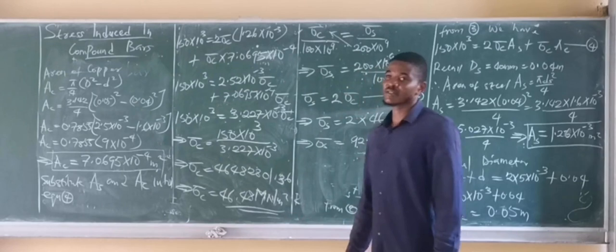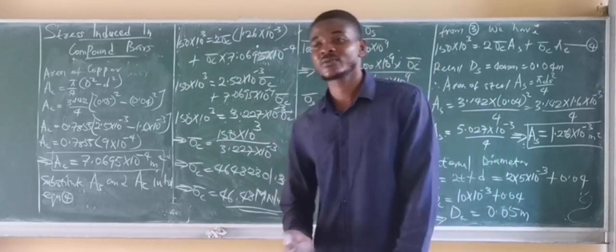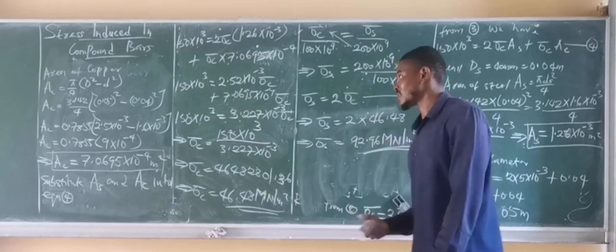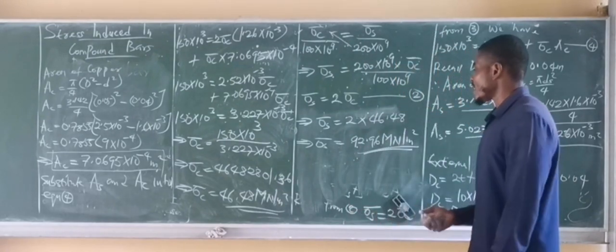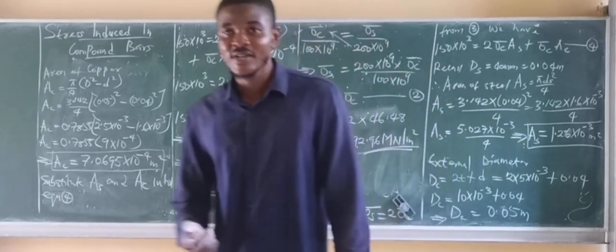So that's it. That's the stress induced in the copper rod and the stress in the steel. That's how you use the compatibility equation and the other equation.